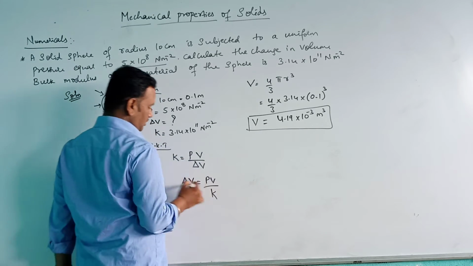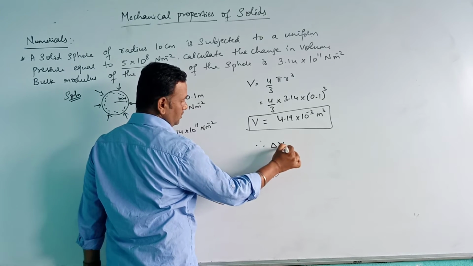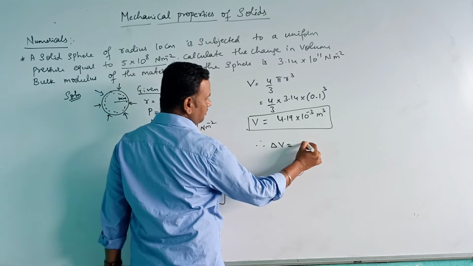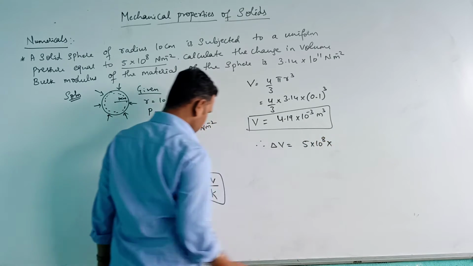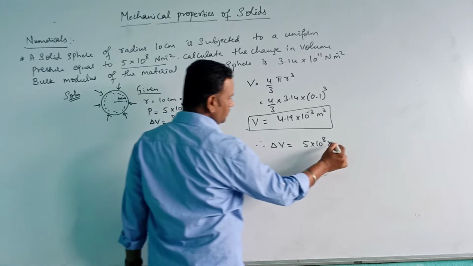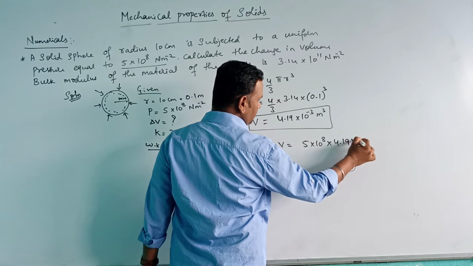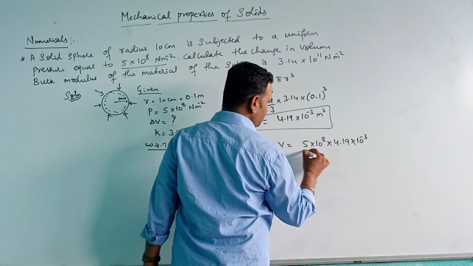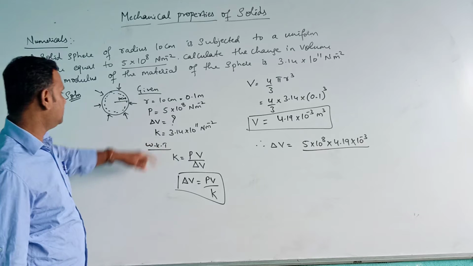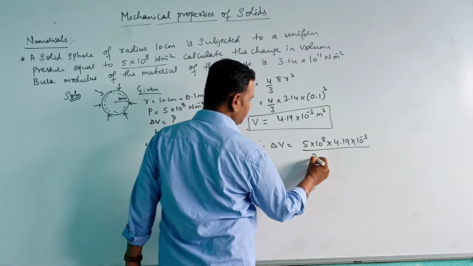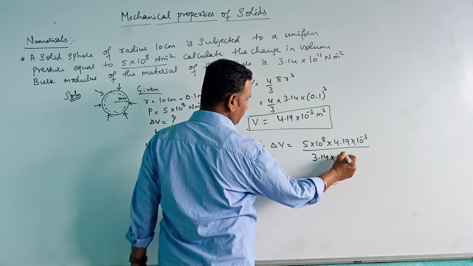Therefore, using this relation, delta V is equal to pressure, 5 into 10 to the power of 8, into original volume, 4.19 into 10 to the power of minus 3, whole divided by the bulk modulus value, 3.14 into 10 to the power of 11.